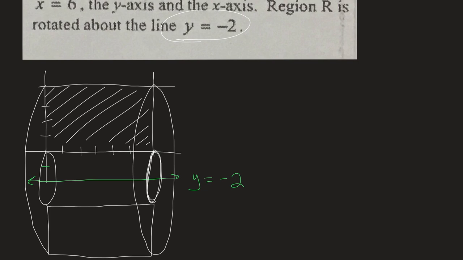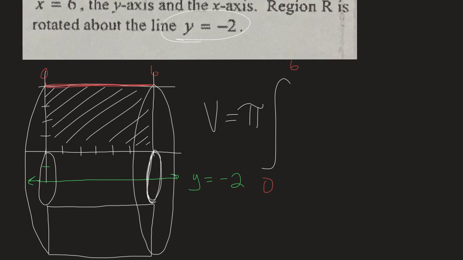But the calculus has the same idea. Remember, we're still rotating circles, so pi times the integral from, okay, we still need the height of your rectangle or the height of your cylinder, which is from 0 to 6 still, right? So your x intervals are from 0 to 6. But now let's look at our radii.